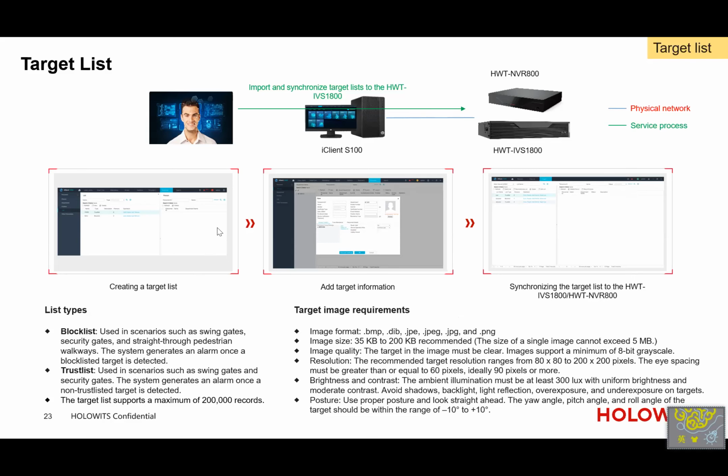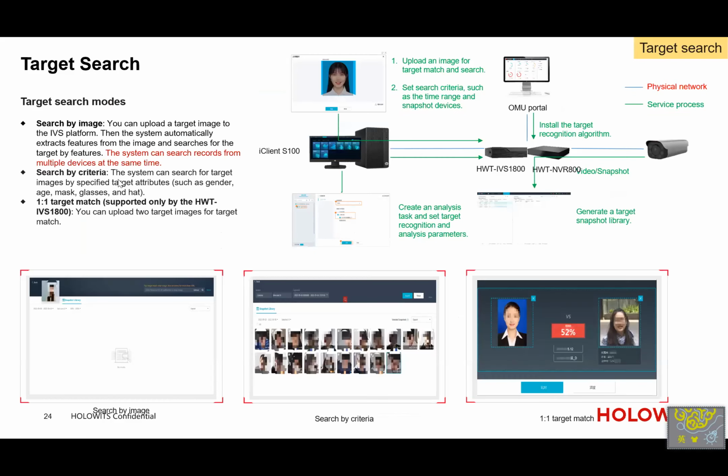Okay, we go fast. The target search is in fact based on the application of face recognition, which means that by recognizing the face, the features of the whole face are extracted. After extracting the face features, we can identify basic feature data such as gender, age, mask, height, and so on.